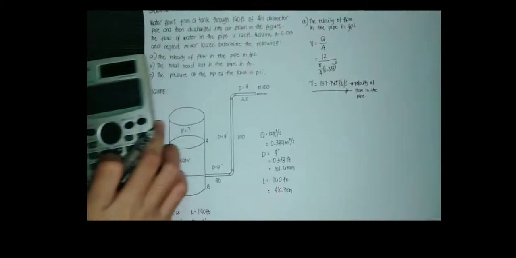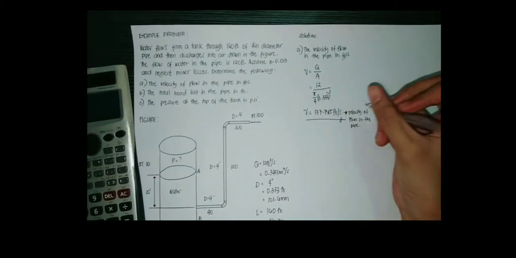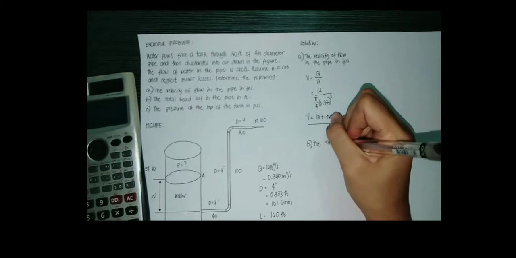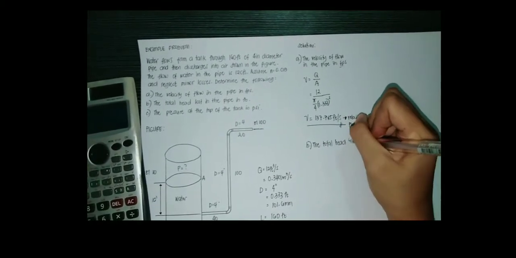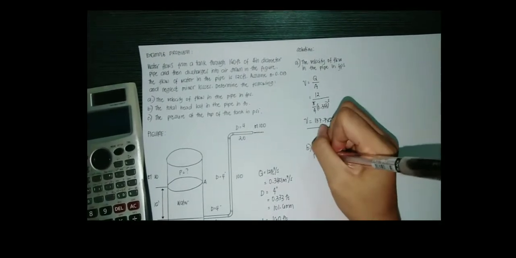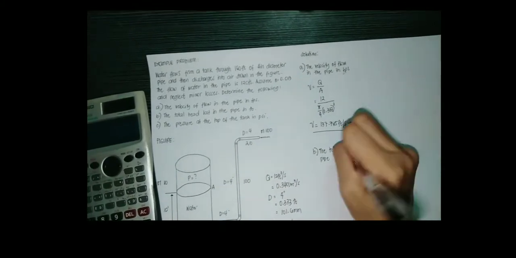Let's set the calculator aside. For letter B, we need the total head loss in the pipe in feet.